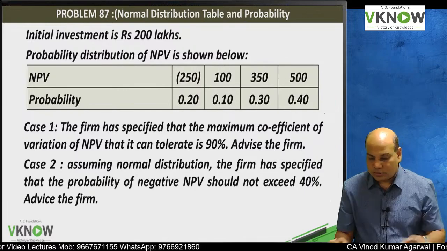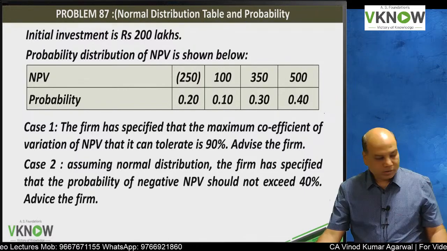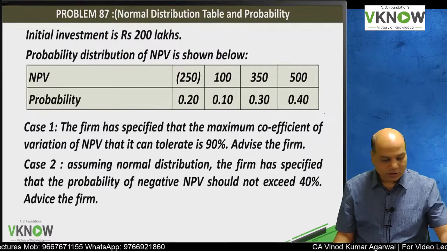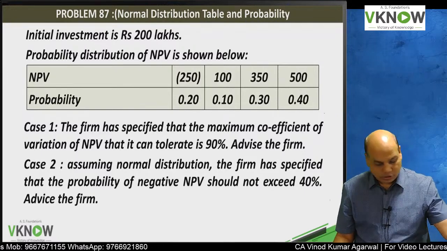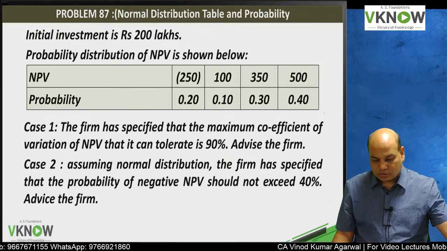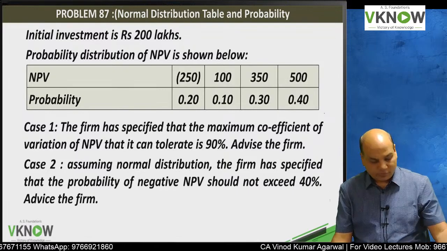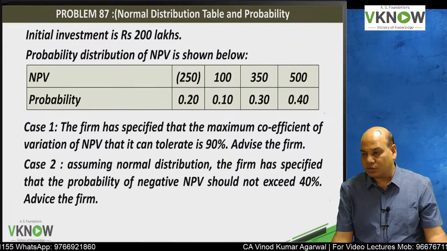Now we'll go to question number 87. Initial investment is rupees 200 lakh. Probability distribution of NPV is shown below.